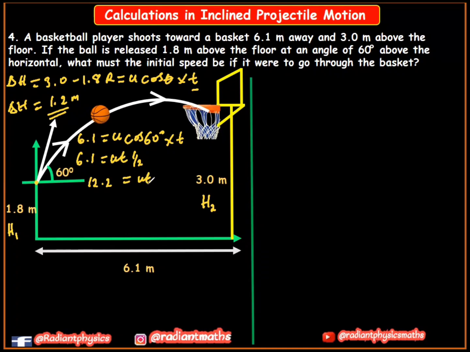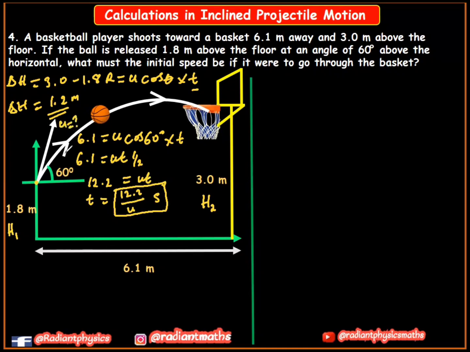We are looking for the value of T, so we're going to make T subject of the equation. Therefore, 12.2 divided by U will be the time it will take for the ball to move from this point to this point. Okay, so we are going to be working with this time.